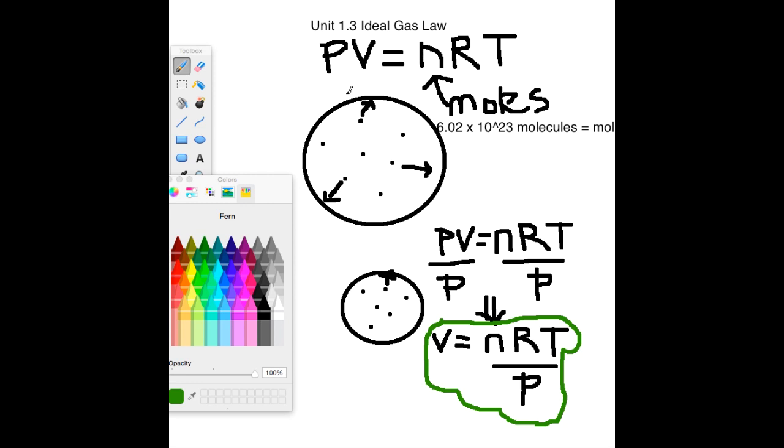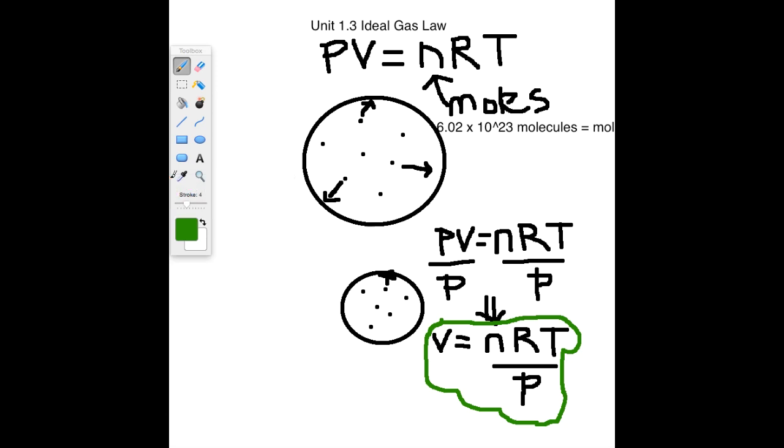So one of the hardest things maybe to remember about the ideal gas law is that you have to have the right units. So temperature, you've heard of Celsius, you've heard of Fahrenheit. In this equation, it needs to be in Kelvin.